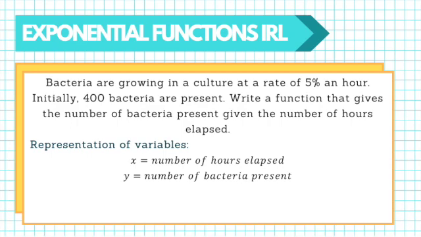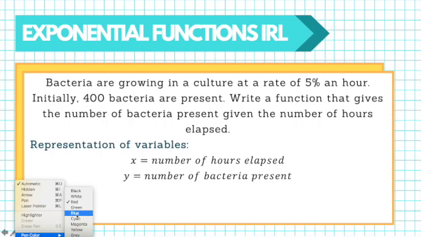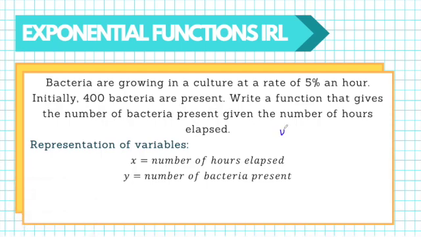According to our formula earlier, we know that y is equal to the initial value times (1 plus the rate of growth) raised to the number of times it will grow.